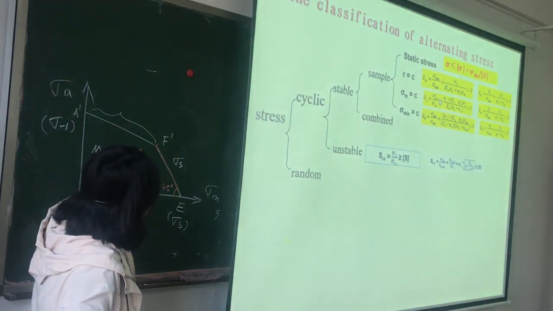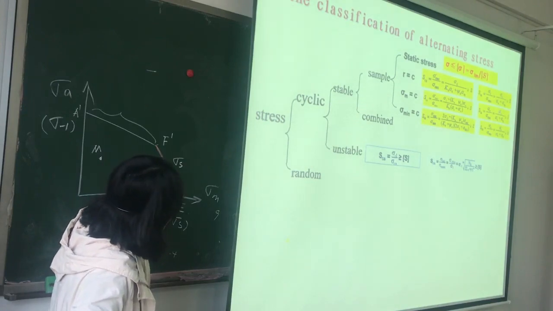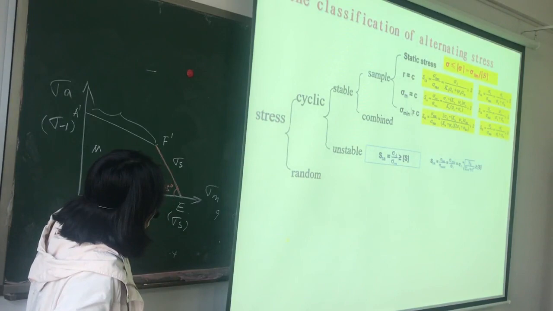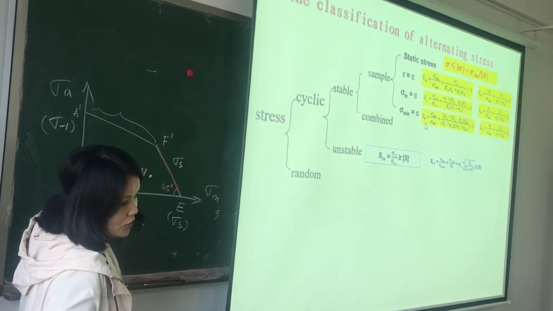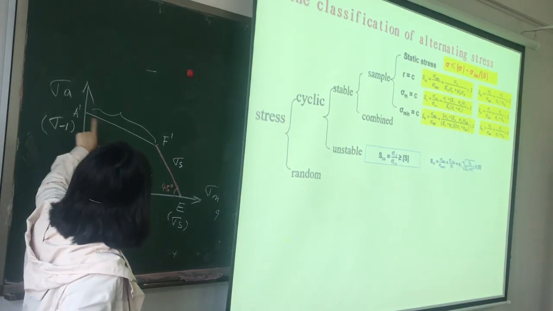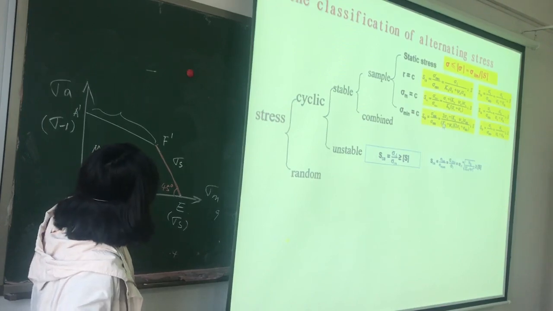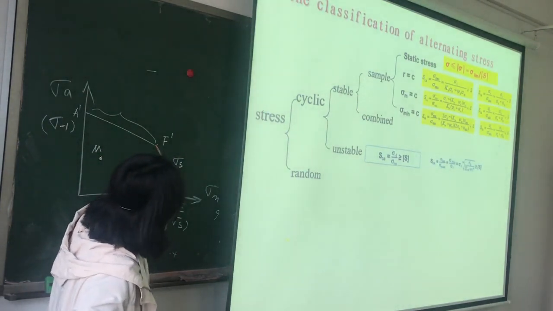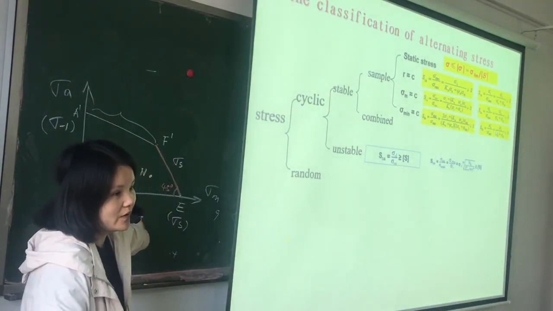And if the endurance limit is on line F1E, we use this equation. For sigma minimum constant, if the endurance limit is on line A1, F1, we use this equation, and if on line F1E, we use the right equation to calculate the safety factor.